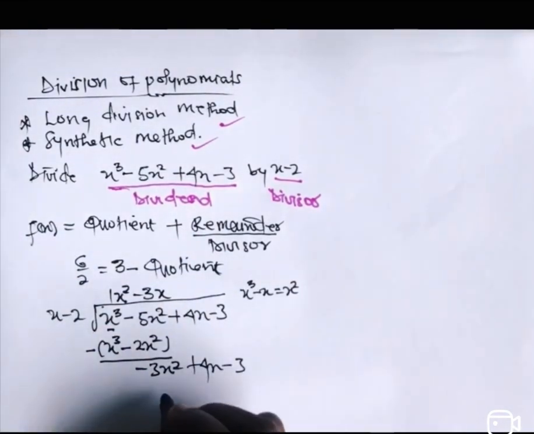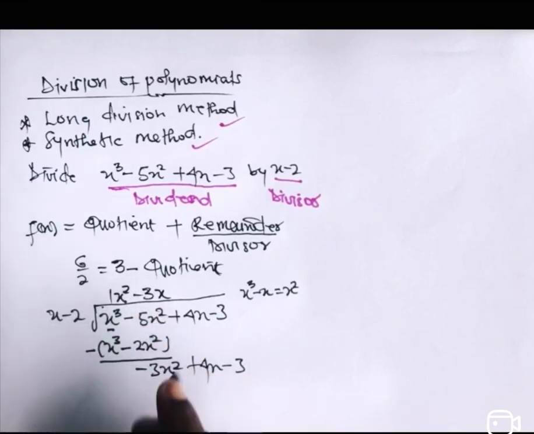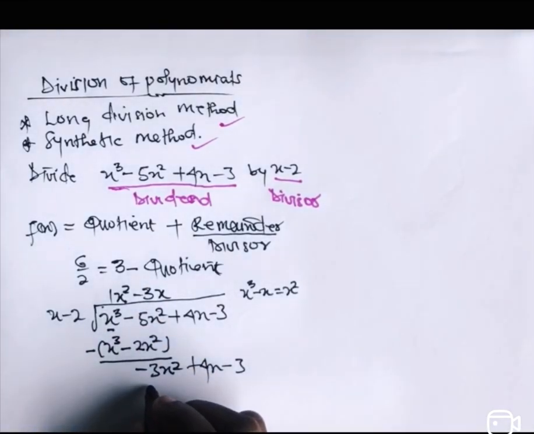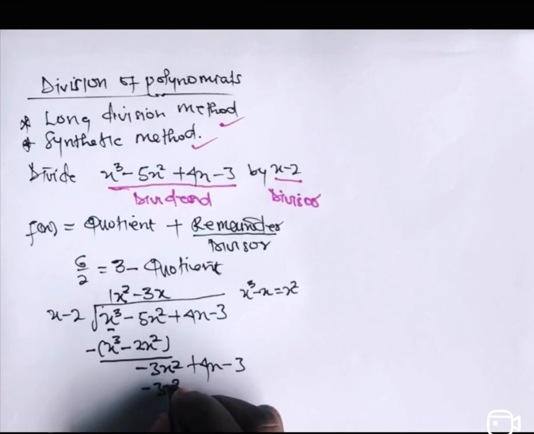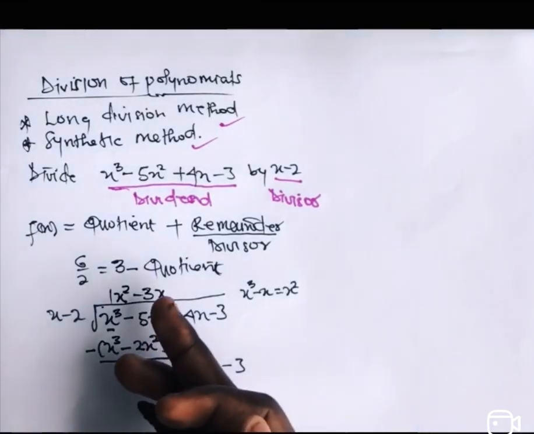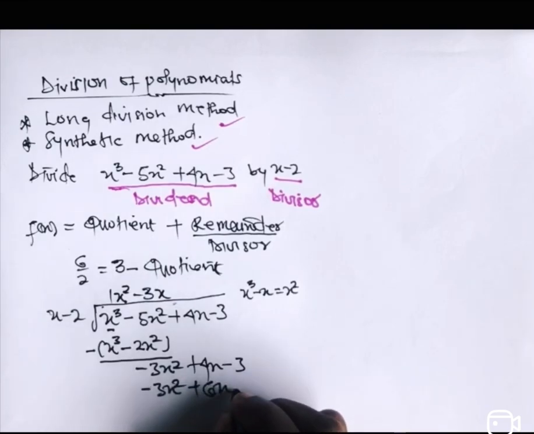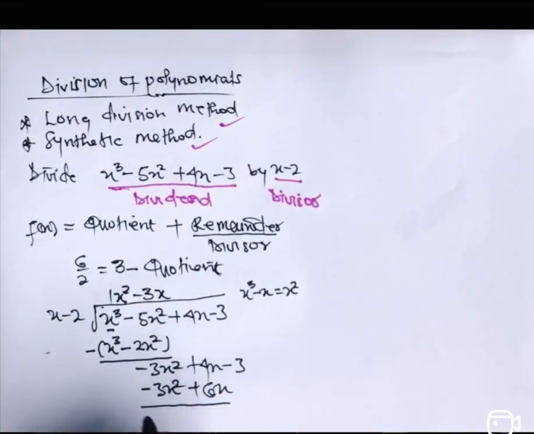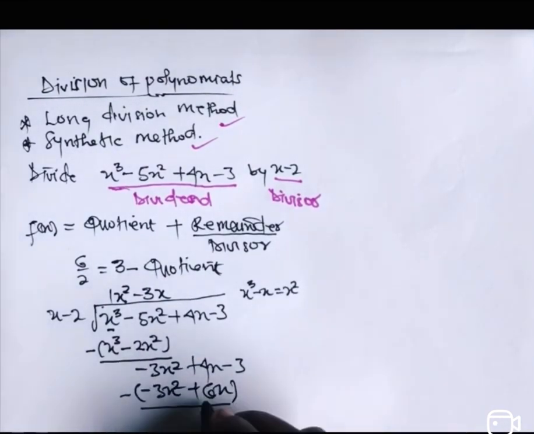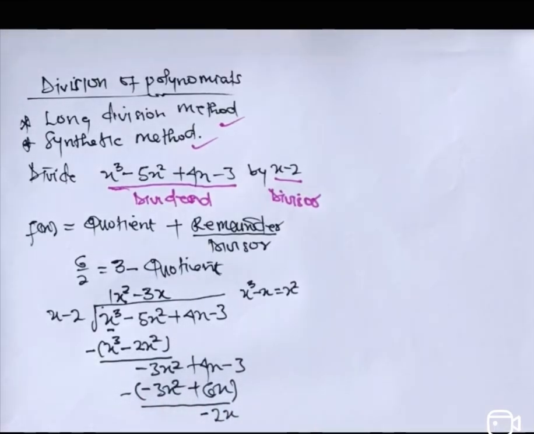x squared divided by x will give me x. So negative 3 times x will give me negative 3x squared, plus 6x. This will definitely give me 0, and this will give me negative 2x minus 3.